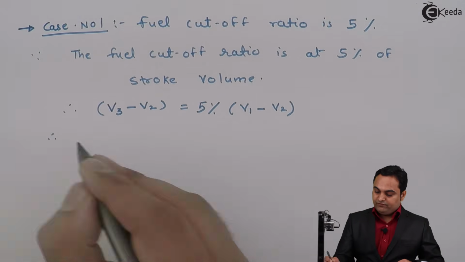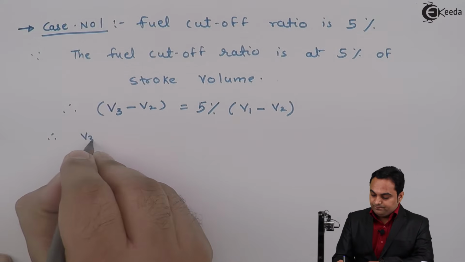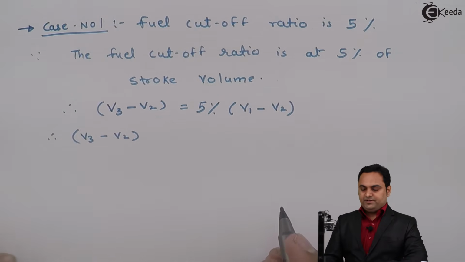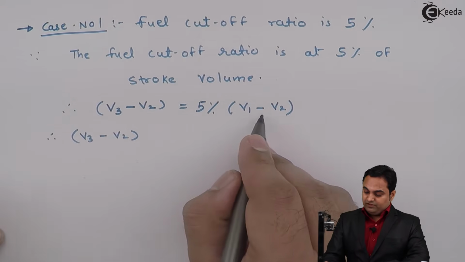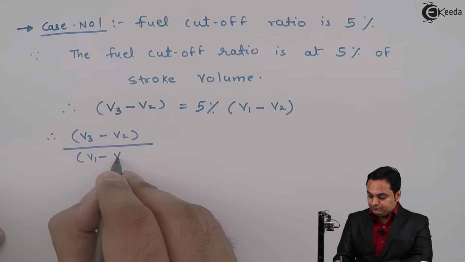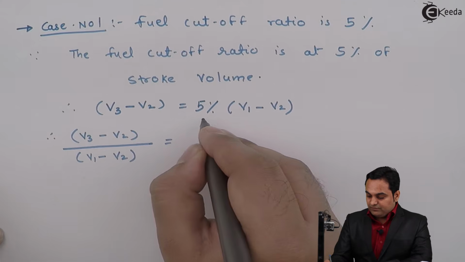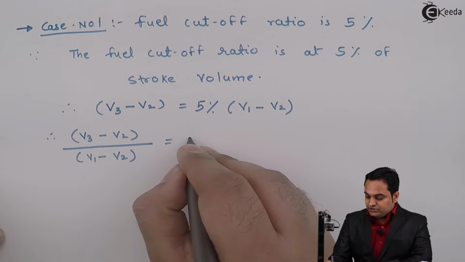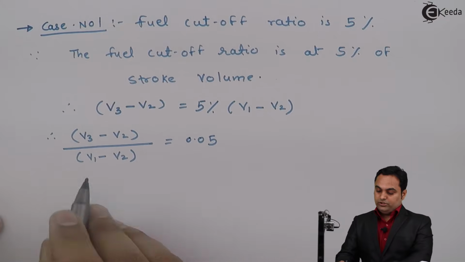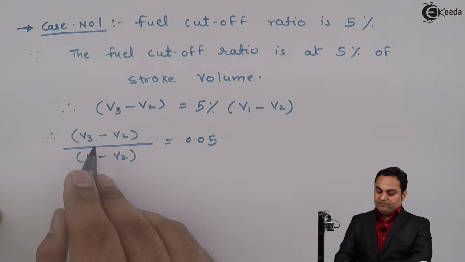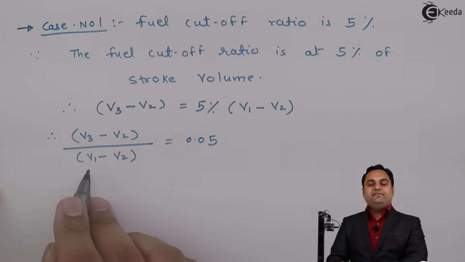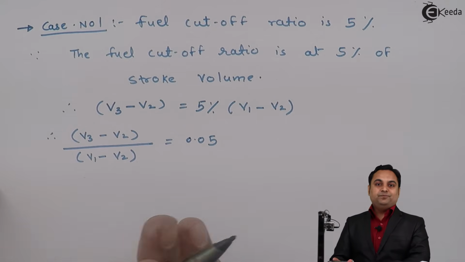Next, therefore V3 minus V2 in the numerator, I'll send V1 minus V2 to the left hand side, and that is equal to 5%, which is 0.05. Now what I'll do is divide the numerator and the denominator by V2, and that is done for some purpose.